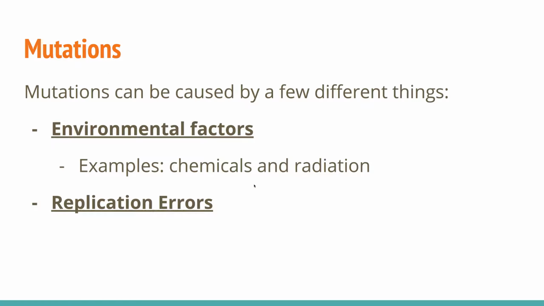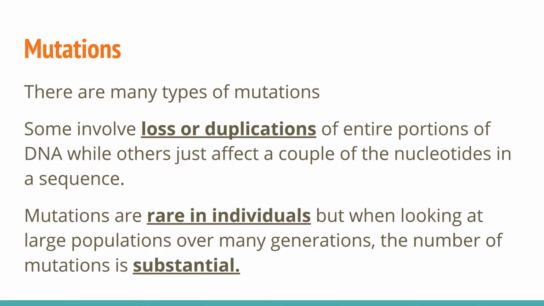When it's copying them, sometimes there can be an error in replicating, and that will cause a variation or a mutation. And with environmental causes like radiation, we know we can get cancer when we are exposed to too much radiation. Cancer is a change in the cells that makes them reproduce faster and causes tumors and so on.